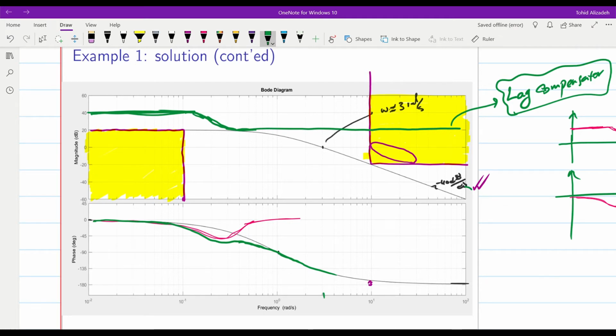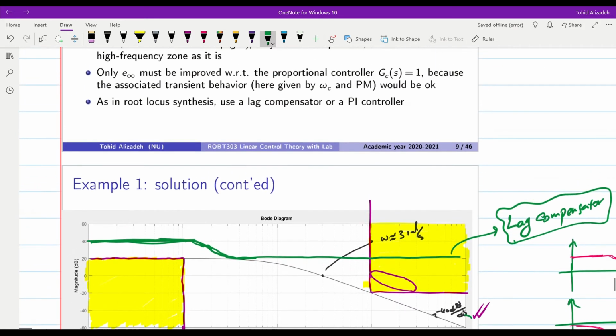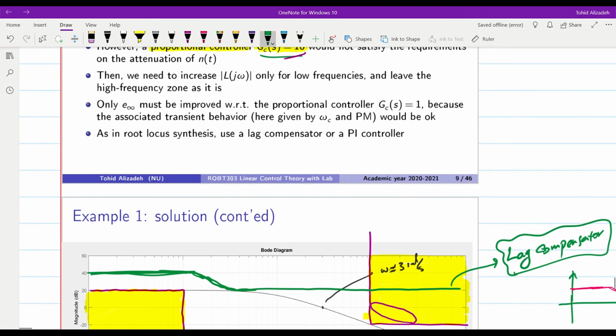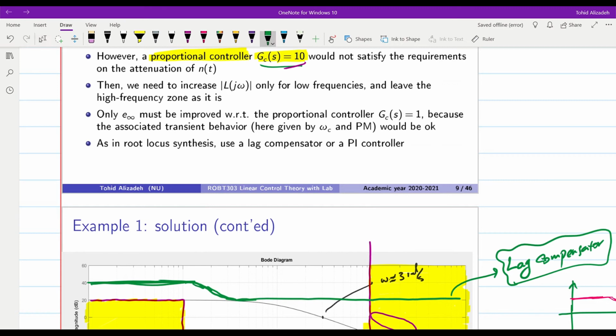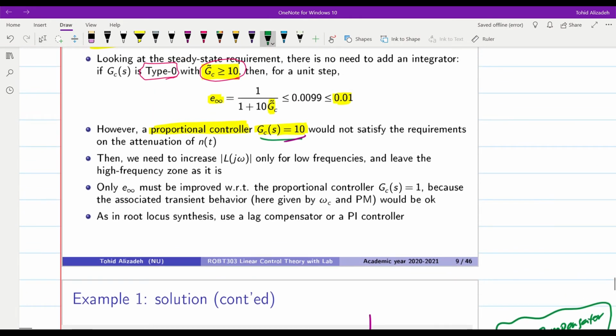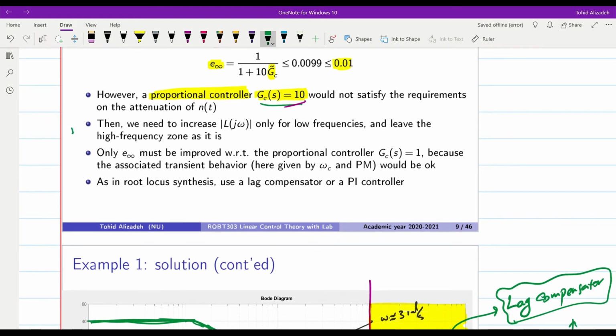Alright, so then for our lag compensator, we will use the generalized gain equal to 10. So that's what we are going to do. We only need to improve the steady state error compared to a proportional controller where GC of S is equal to 1, because all the other properties are okay.